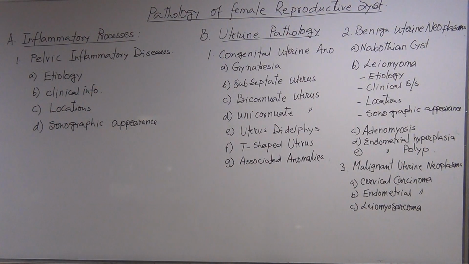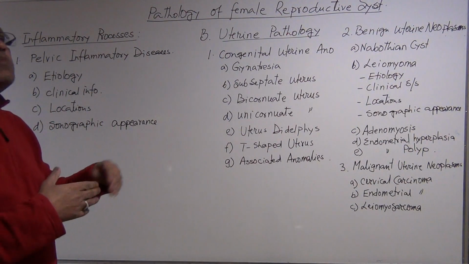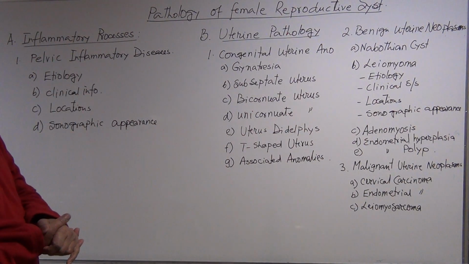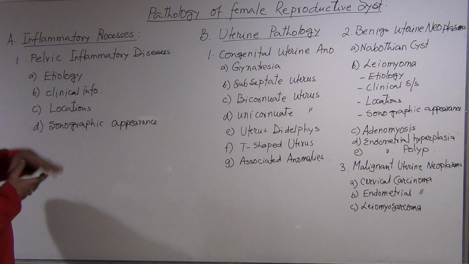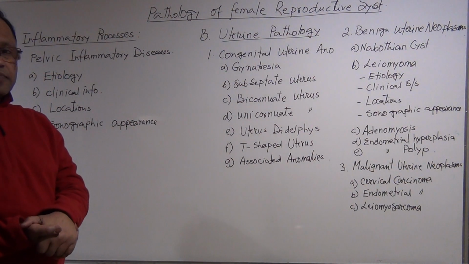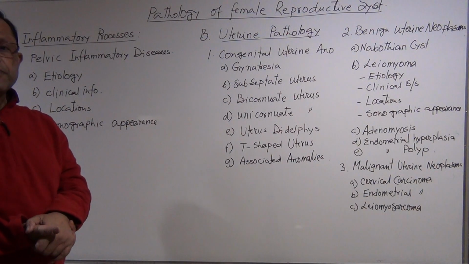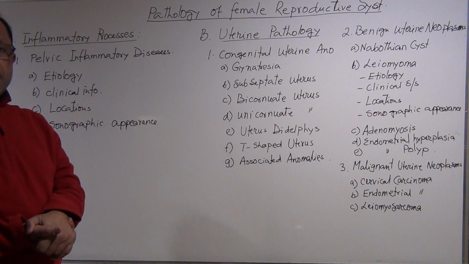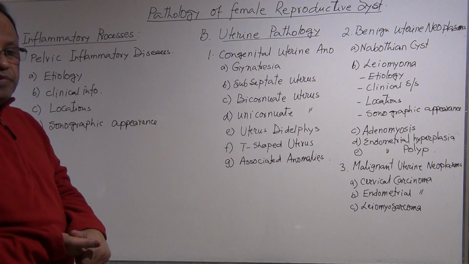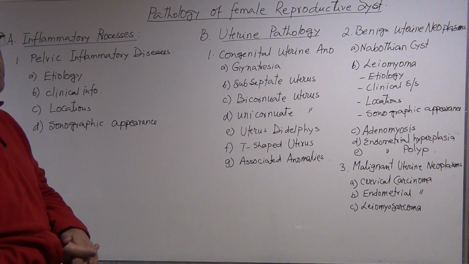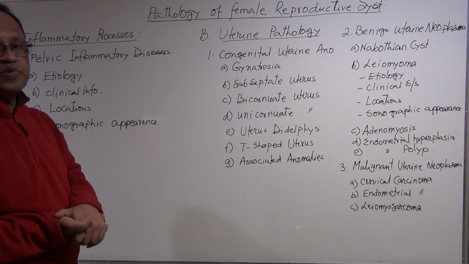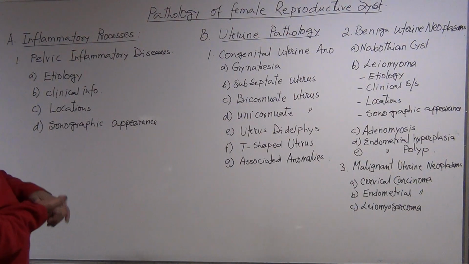A lot of girls in their young age, even the middle age, suffer from PID. And the etiology is STD, sexually transmitted disease, and other causes of infection that can spread from other organs, other systems, and other body component parts.